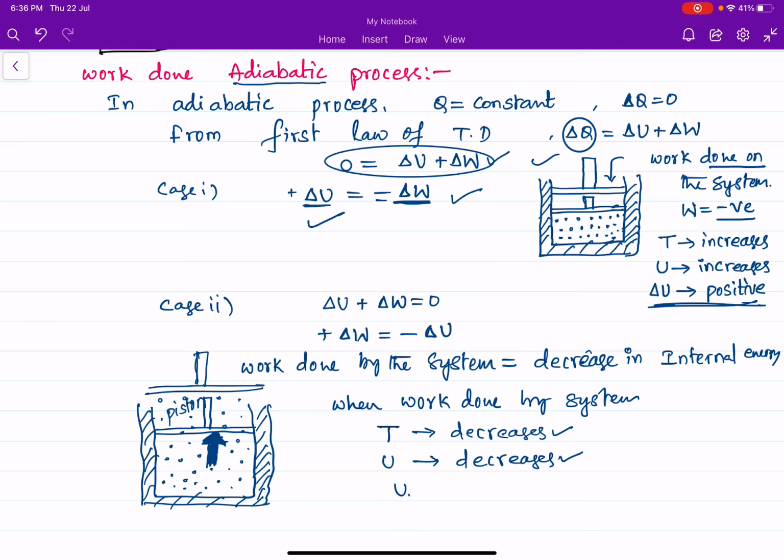That means final internal energy is less than initial internal energy, so the change in internal energy is negative in this case. Whenever work is done by the system on the surroundings, the internal energy decreases. So I have given the physical significance of this relation using the diagram.